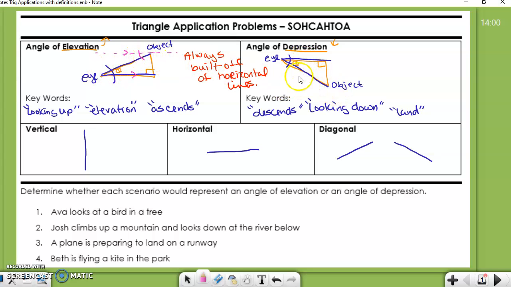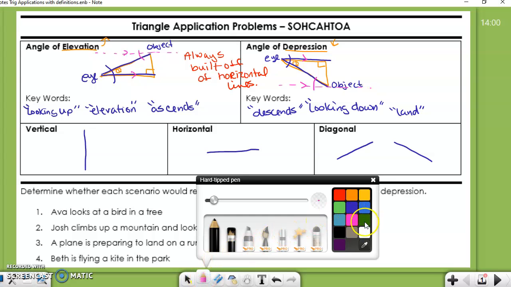Same thing here. If I put in another horizontal here, making it parallel to the base of the triangle, then again this angle and this angle would be congruent. Again, alternate interior angles.